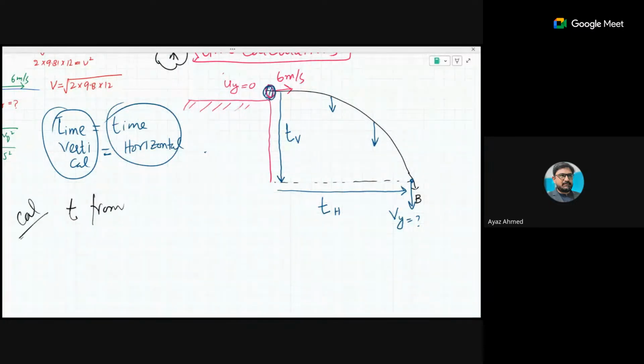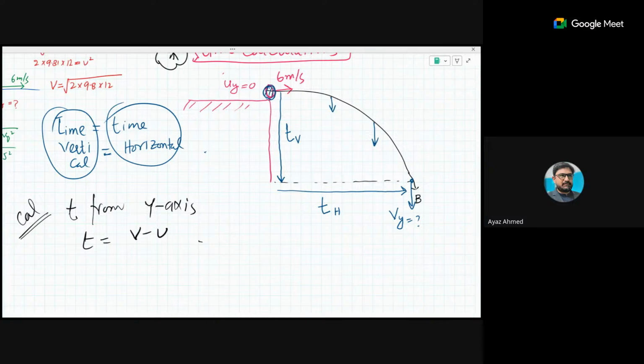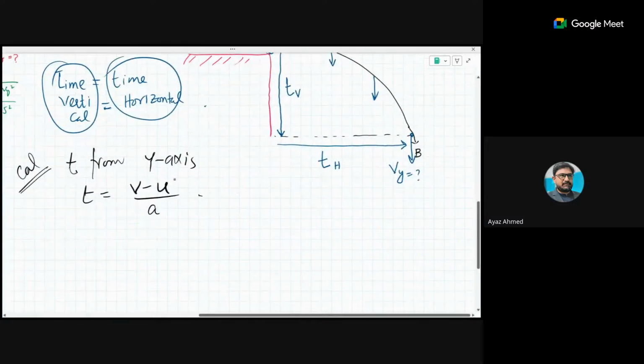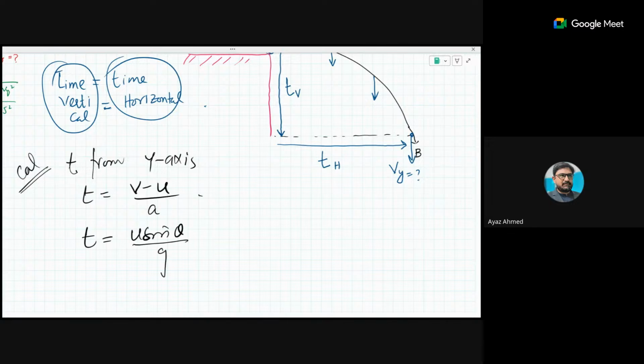This is one of the tricks: calculate time from y-axis calculations. And the y-axis calculations are really simple, you will use the equation t equals v minus u divided by a, and here one of the components would be 0, vy will be 0. So the time is really simple, u sine theta divided by g.